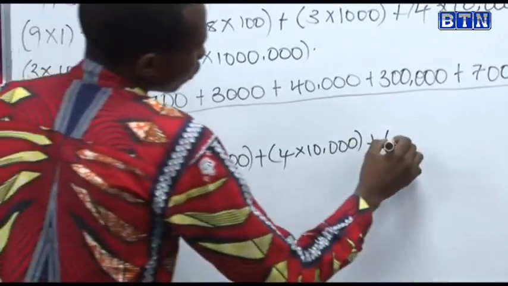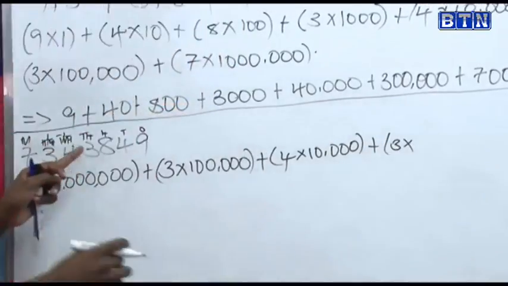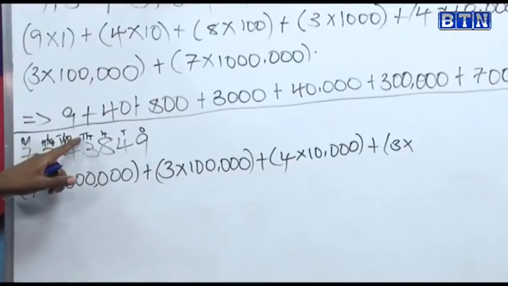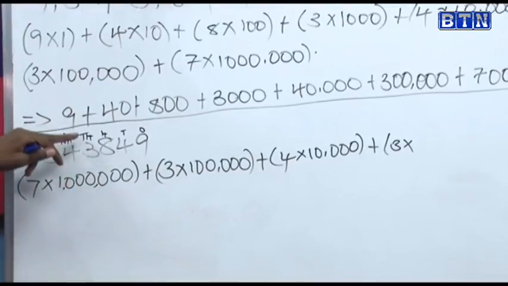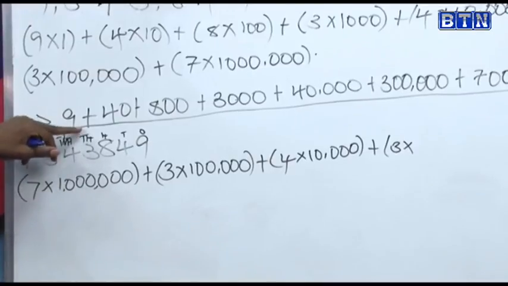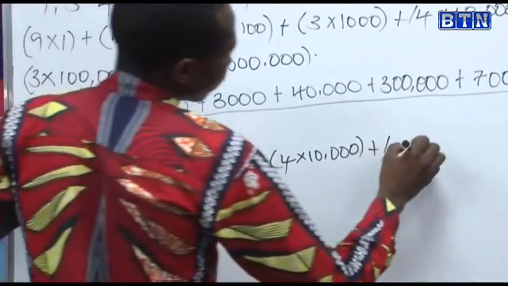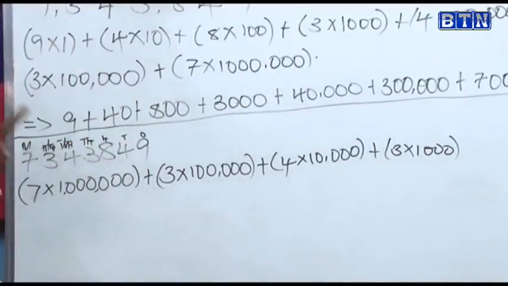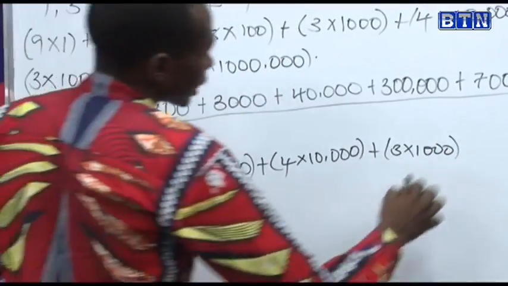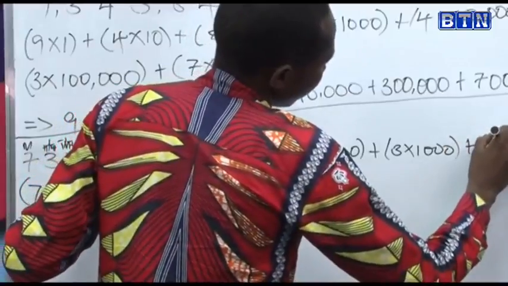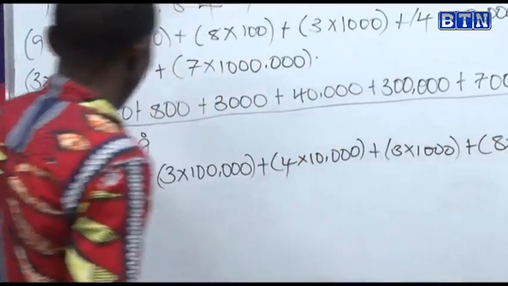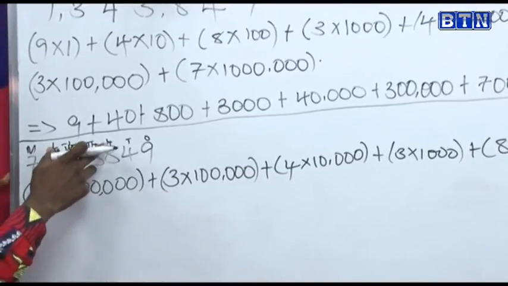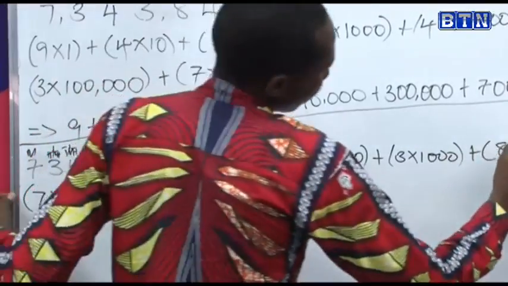I'll say plus 3 times the place value, and the place value of 3 is 1,000. So we shall have to say 3 times 1,000. The 1,000 is for the place value. Then from there I will continue to 8. I'll say 8 times. What is the place value of 8 in this case? The place value of 8 in this case is 100. So I will have to multiply by 100.